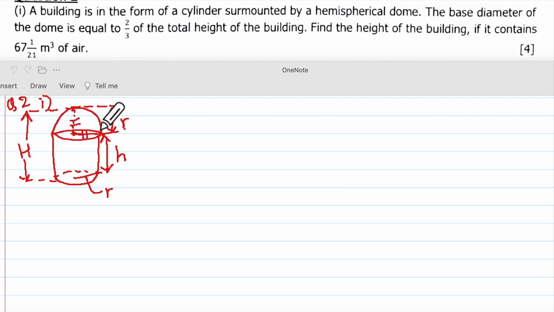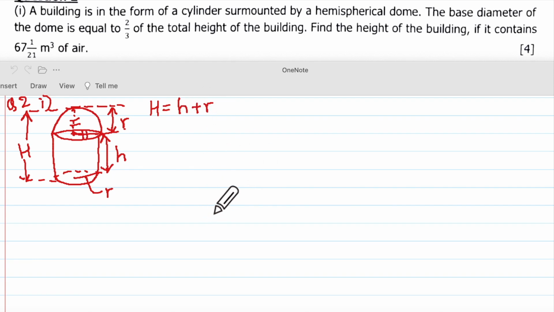But when I keep the hemisphere like this, the height of the hemisphere becomes the radius. Okay? So this was the part where you had a little problem. Did you see this relationship? Yes.